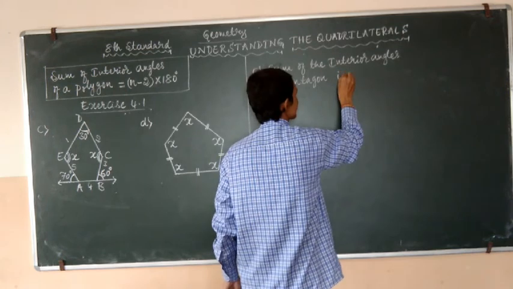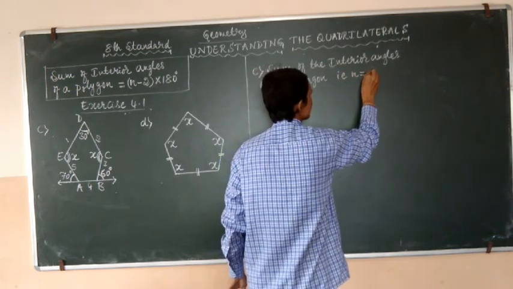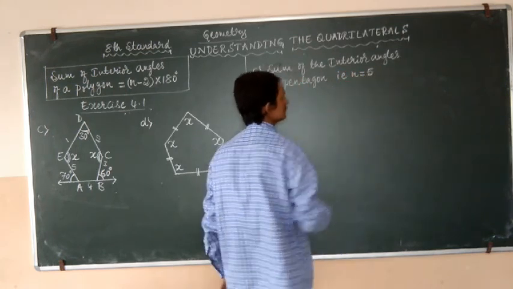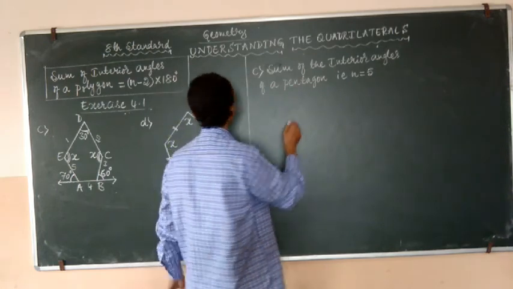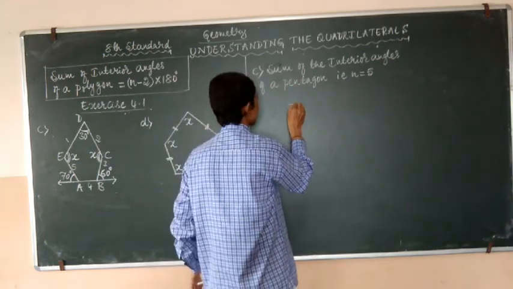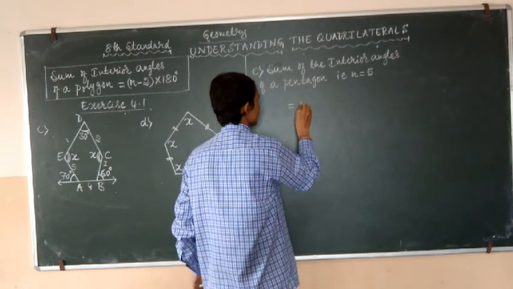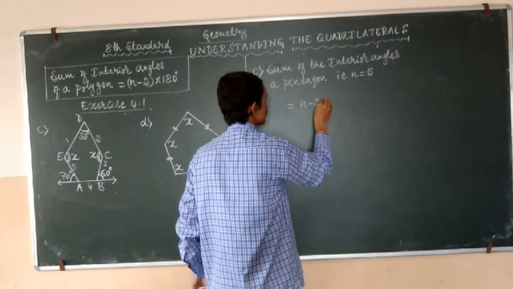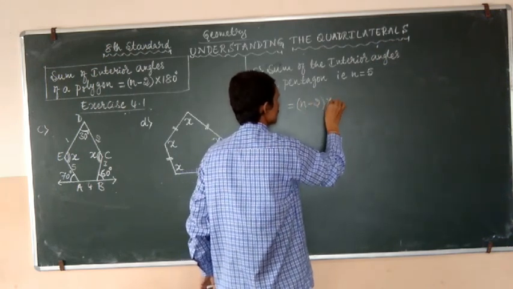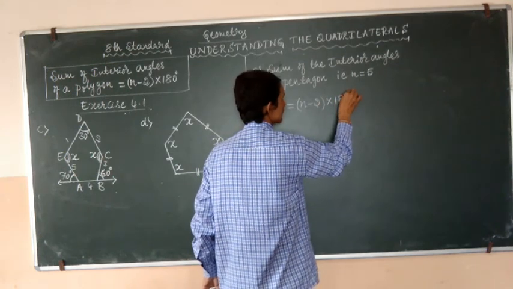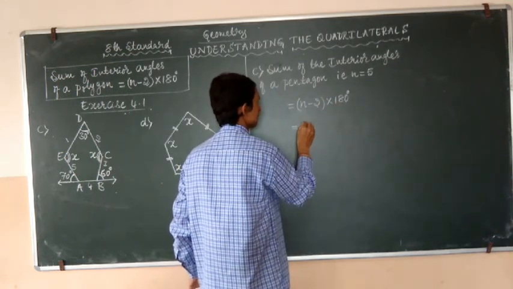Here n equals 5. We know the formula: n minus 2, into 180 degrees.